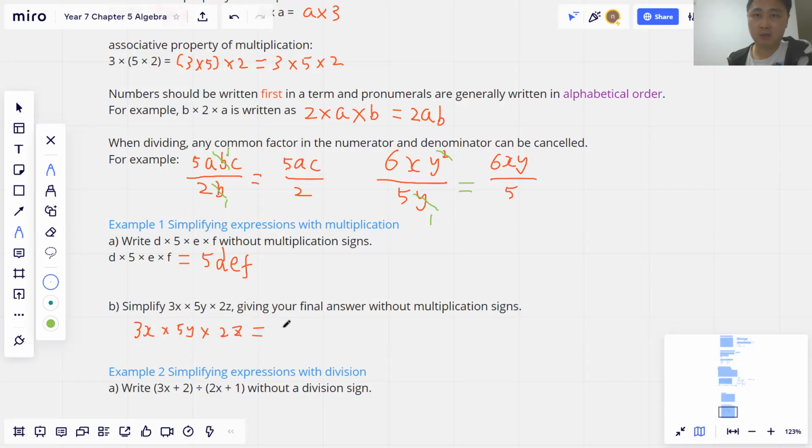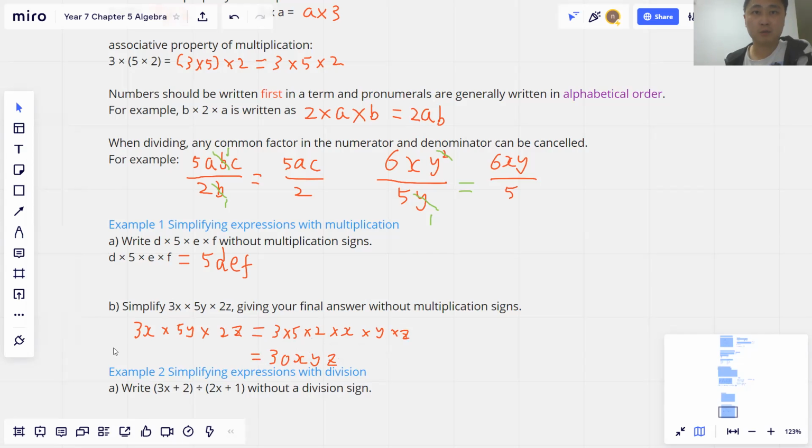Then you write the letters in alphabetical order: times x times y times z. 3 times 5 is 15, and 15 times 2 is 30. So this is 30. Then we write the letters in alphabetical order: x, y, and z. This is our final answer for this question.